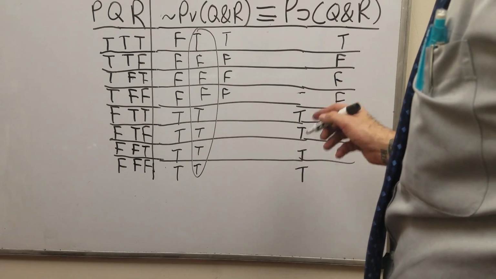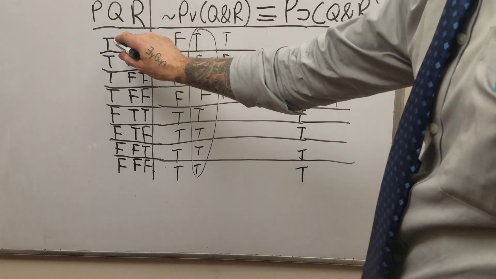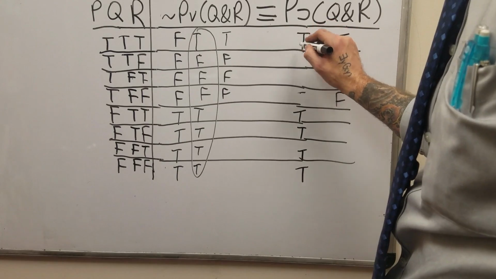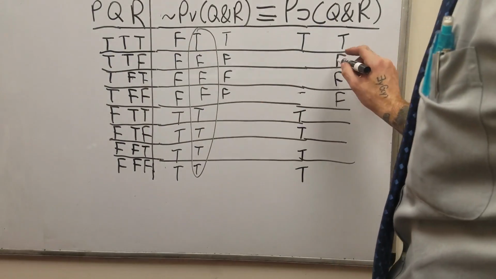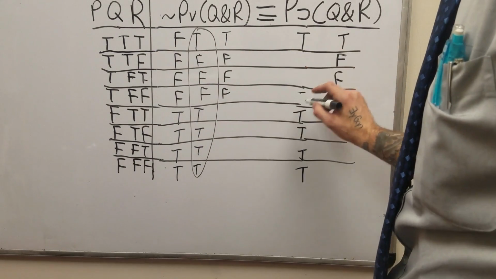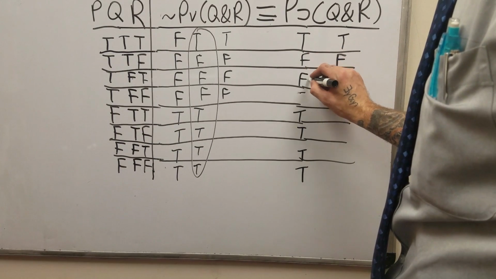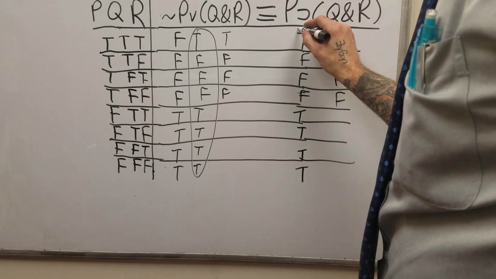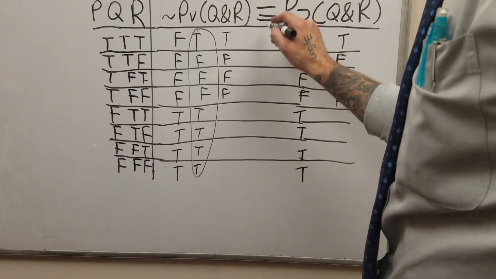All right? So what's going on with our conditional here? Well, P is true, the antecedent's true here, and the consequent's true, so it's true here. And here P is true, but P is true on all 3 of these lines, and the consequent is false on all 3. So it's false here, and false here. So now we can compare the biconditional.